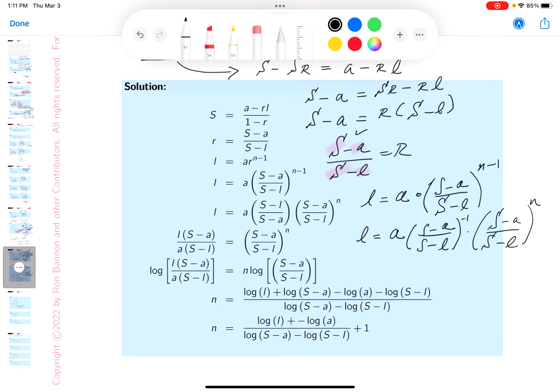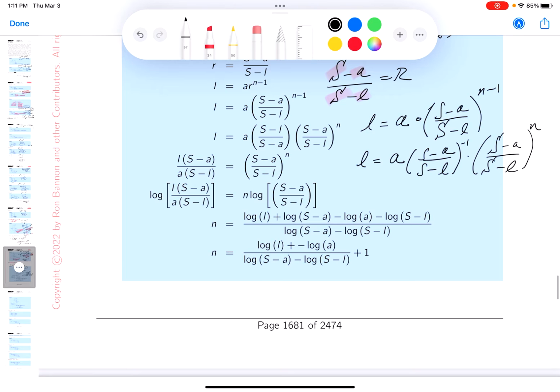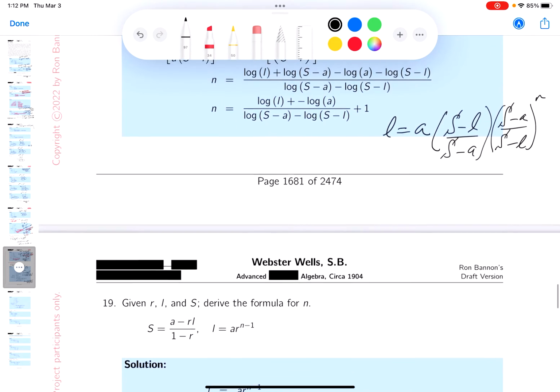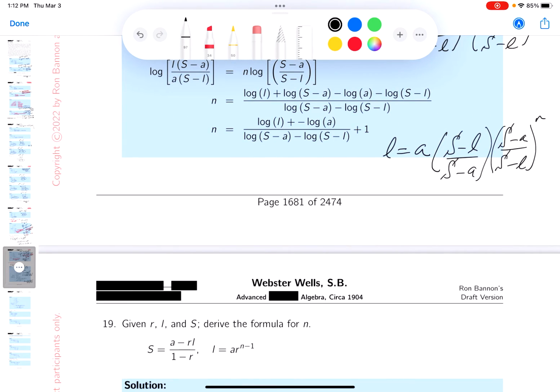Well, I think I know about that too. And I'll write this down for you. So A to the minus 1 is a reciprocal, right? So you can get S minus L over S minus A. And then I got this S minus A over S minus L to the nth power. Well, I'm going to try to get that N on one side, everything else on the other if I can.